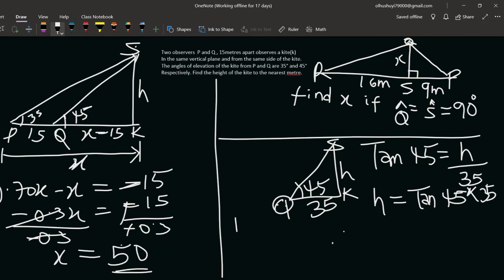So that means h, the height, will be 1 times 35. And that will be equal to 35 meters.